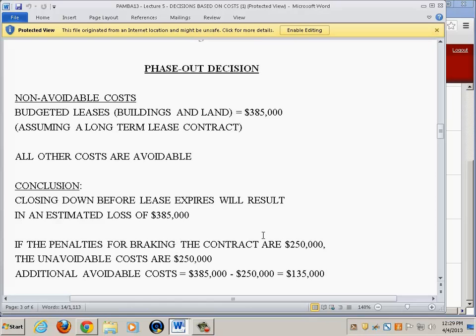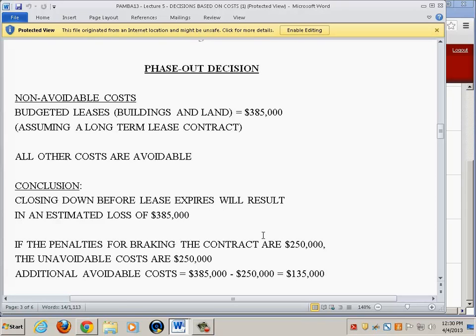If you solve the optimization model on how much profit you can make under the best of circumstances, but now under the scenario of examining the decision of phasing out, what cost is irrelevant?